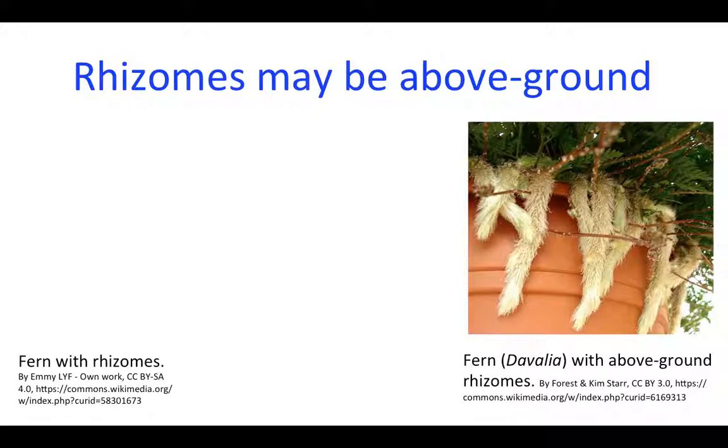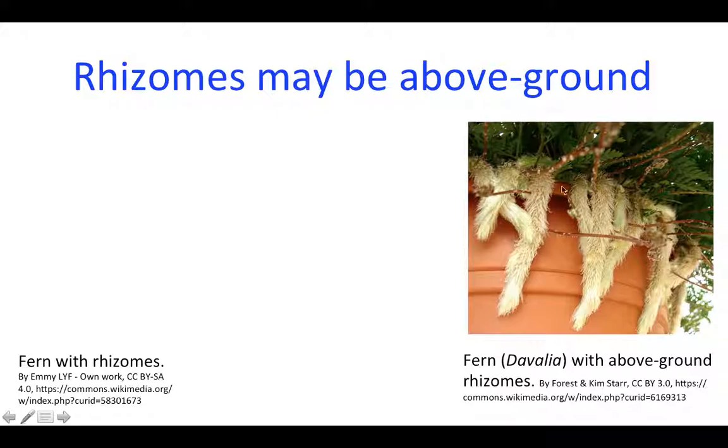There are some species of ferns that climb. For example, they might climb up rocky surfaces or the trunks of trees. And in this case, they make aerial rhizomes, or rhizomes that are exposed to the air. You can see what those look like here. In this case, we can use aerial rhizomes as an interesting feature in our gardens.